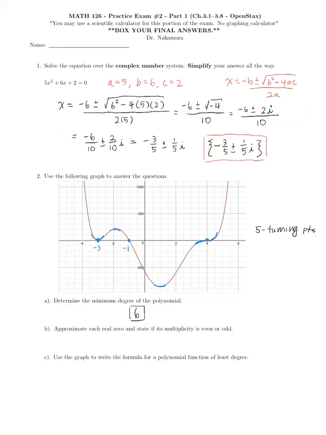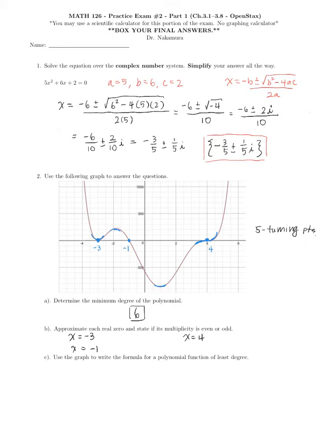And another zero will be right here, which is, oh, it's 4. So the zeros are x equals negative 3, x equals negative 1, and x equals 4. Those are all the zeros.